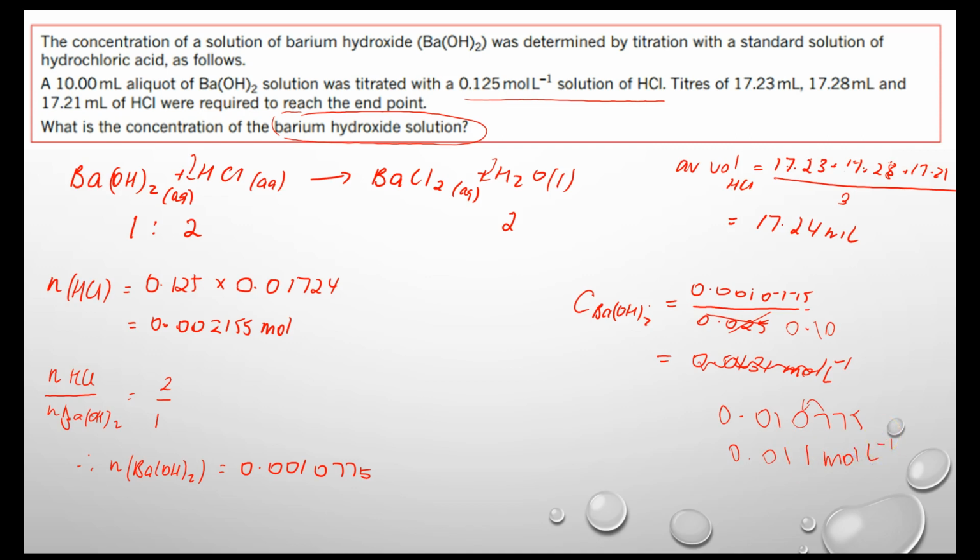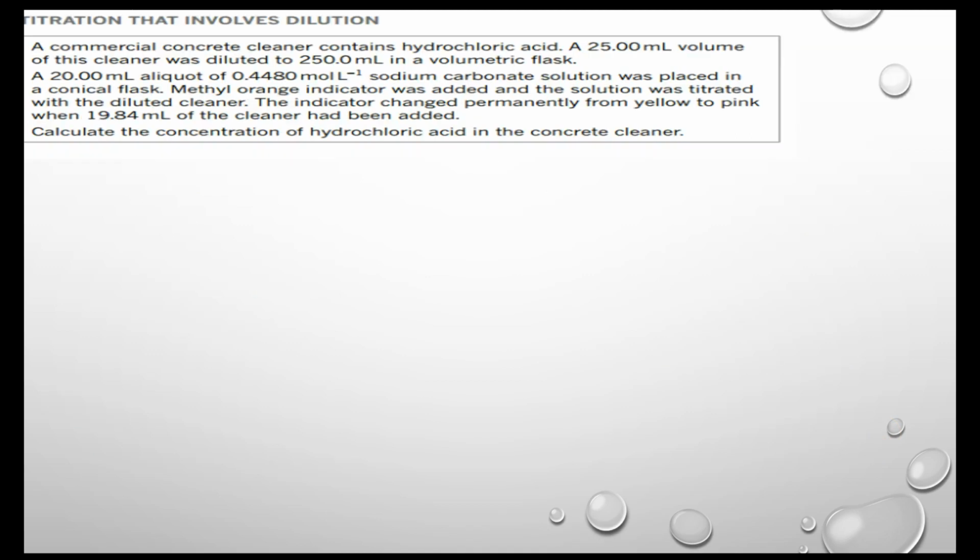So let's look at another example now, and that's one that involves a dilution. We've done a fair bit of dilution over the last 12 months at least. Here we've got a commercial concrete cleaner that contains hydrochloric acid. We're taking out 25 mL of that cleaner and diluting it to 250 mL. So the first thing we need to look at is, what is our dilution factor?